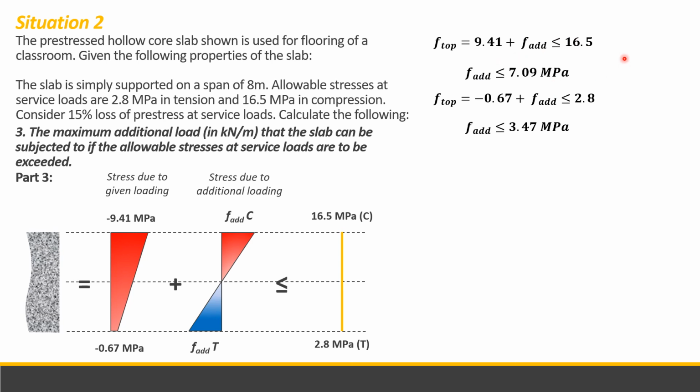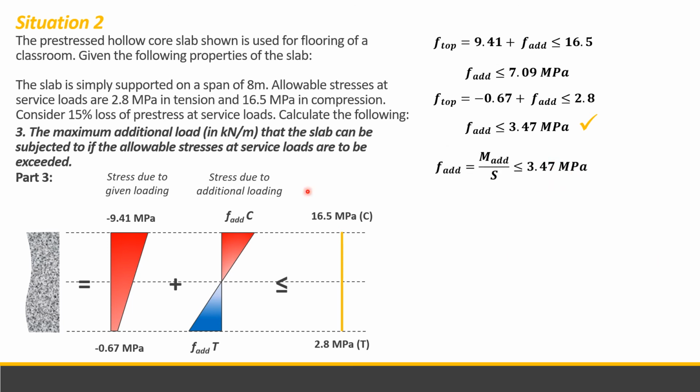Among the two, we take the smallest, because if we take the larger one, it will exceed 2.8. So 3.47 satisfies both allowable stresses, so it is within our allowable stress. Okay, so we will use 3.47 megapascal.